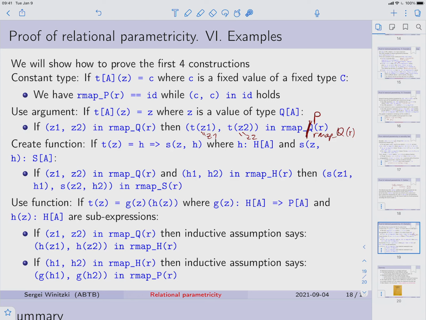The third construction is to create a function. So the code of T is of this sort. Now, H is a new argument. So we're creating a new function. I could write maybe like this in Scala to be more explicit that we're creating a new function.